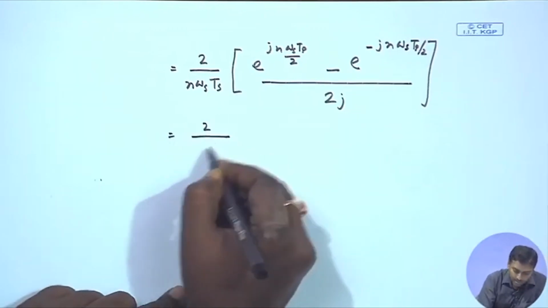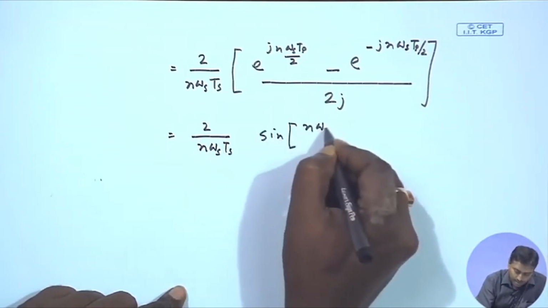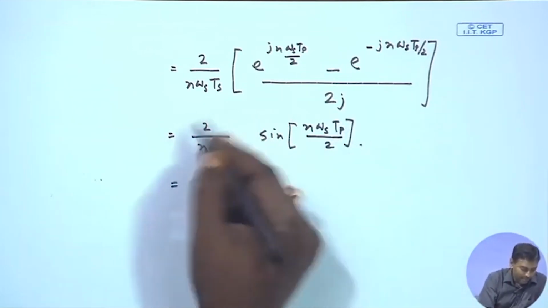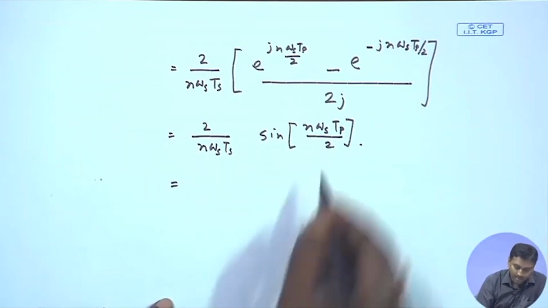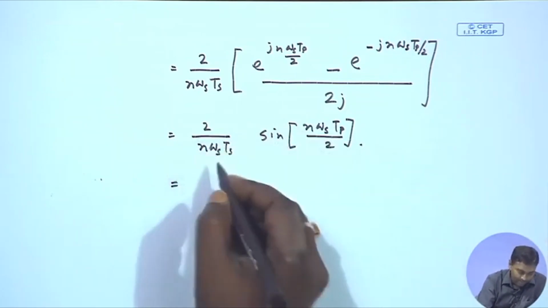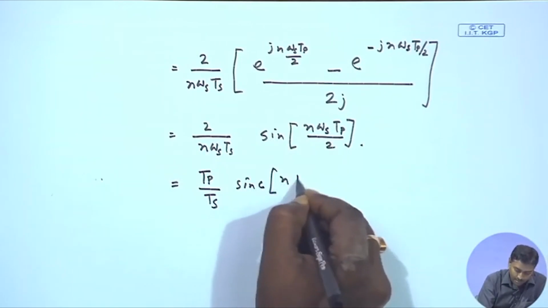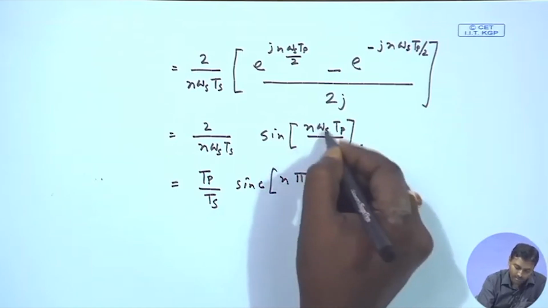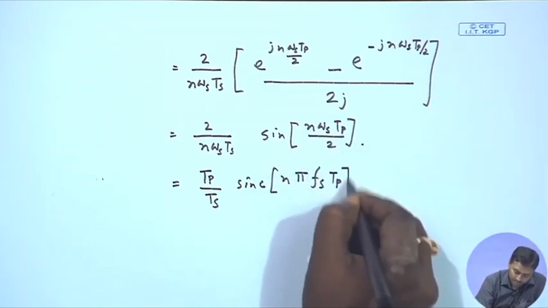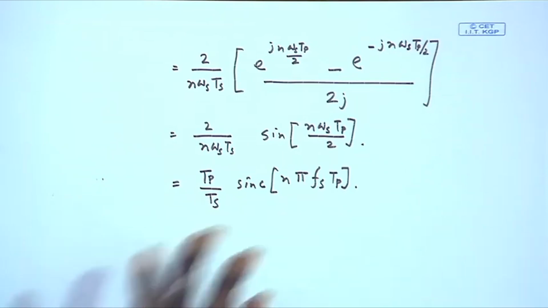So, I can write 2 by n omega_s T_s times sine of n omega_s T_p by 2, and this I can manipulate, basically to bring out a sinc function. Finally, after that manipulation, I get T_p by T_s sinc(n pi f_s T_p), where I have put omega_s equal to 2 pi f_s. So, this is what I get. Okay. So, the q_n's are all being represented now.